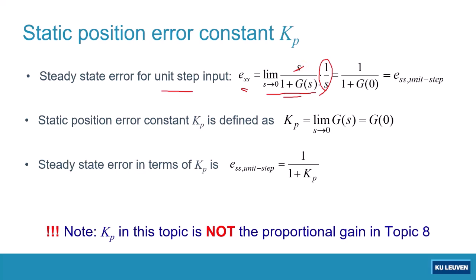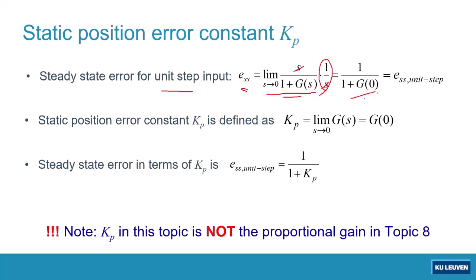This s, of course, will cancel this s, and then at the end, the steady state error due to unit step input will be equal to 1 over 1 plus G, where s is equal to 0.